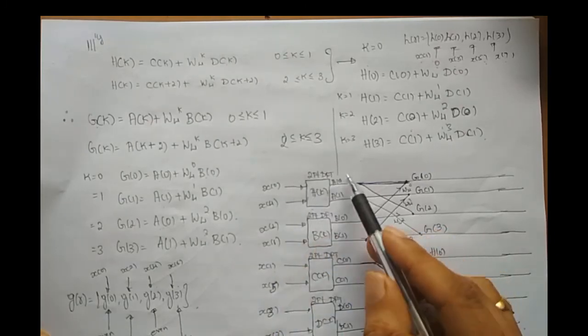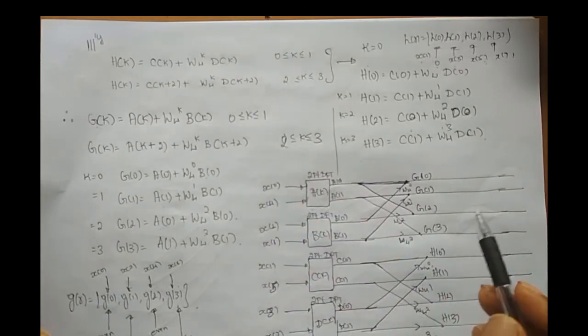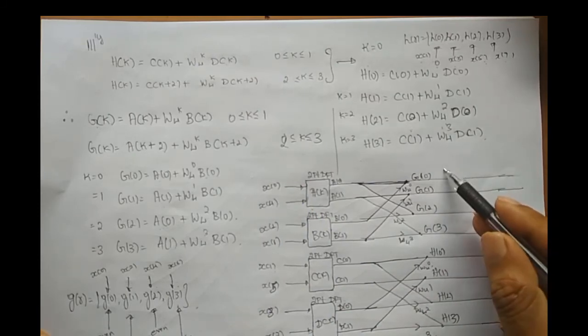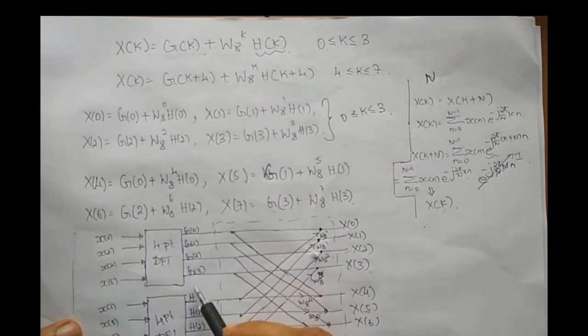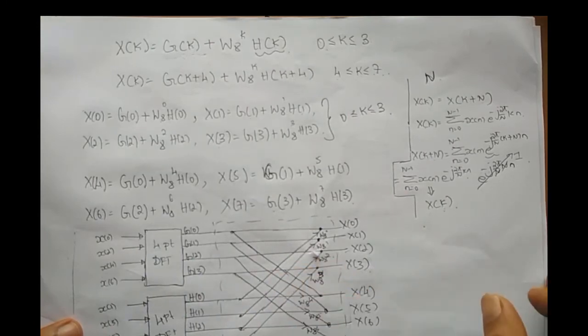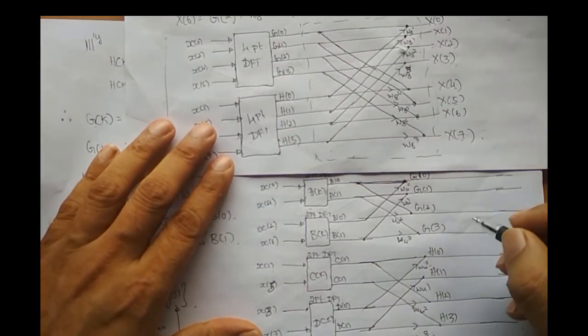Okay, this was the decomposition, we did it now. But whereas the 8-point DFT we decompose into two 4-point DFTs, that algorithm has to be included across the output of this, right? So these are all g's and these are all h's. Output of this is the combining algorithm. So this has to be cascaded here, and this has to be cascaded here. So we will do that.